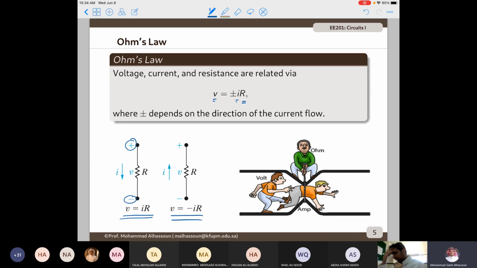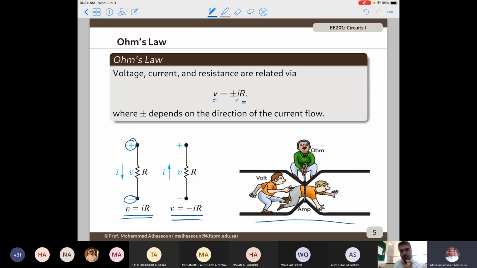And a very informative cartoon is this one. You can see here the high voltage potential is creating a force, and this force is pushing electrons into the material, could be metal, for example.